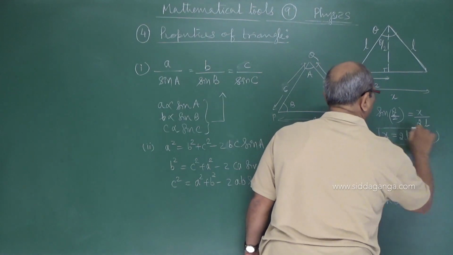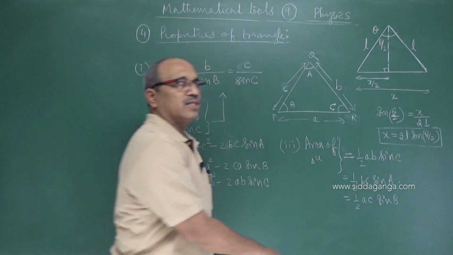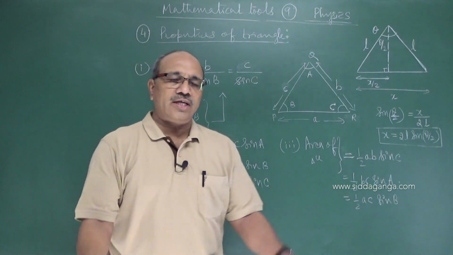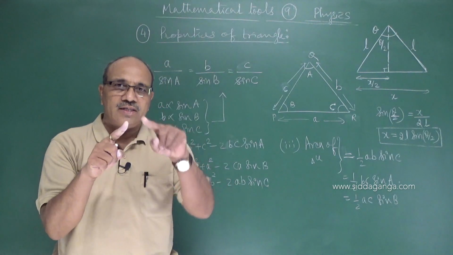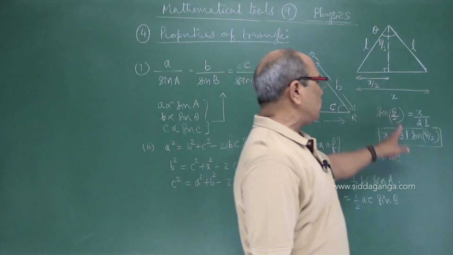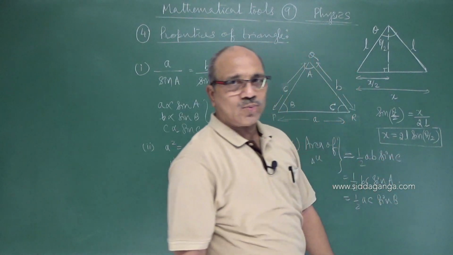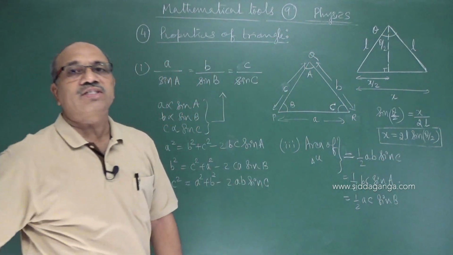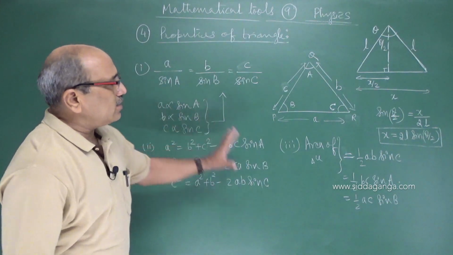An important relation we can immediately get: in case of an isosceles triangle, the two sides of equal length bound by an angle theta, the length of the third side is equal to 2L into sine of theta by 2. Double the length, theta half with sine. So this I have given you.